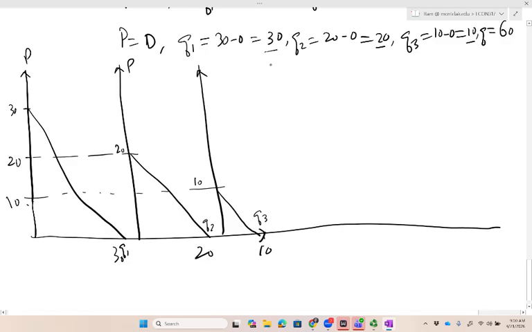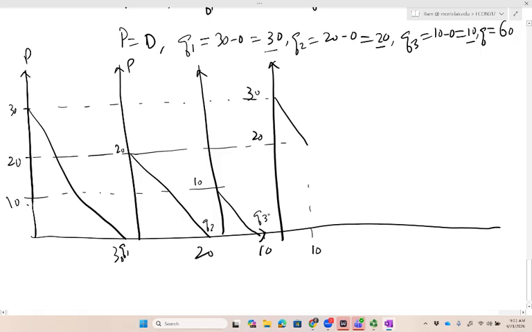And now I am going to add up to obtain the market demand, which we have seen. For prices from 30 to 20, it is only buyer 1 who buys 10 units. So it starts from 0, goes up to 10 units when price goes down to $20.